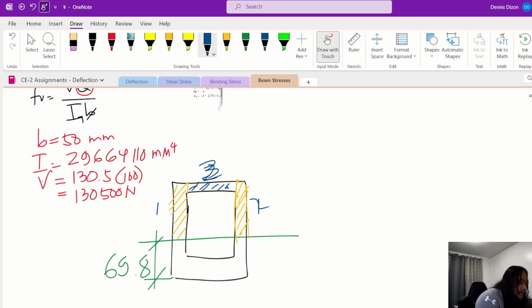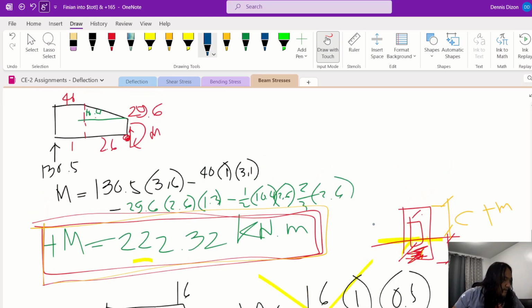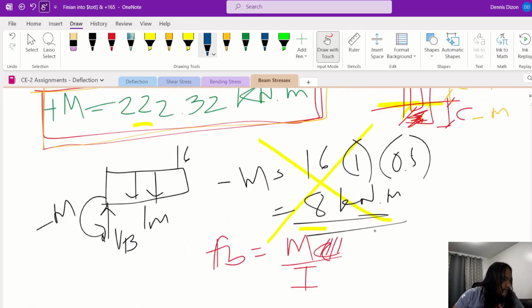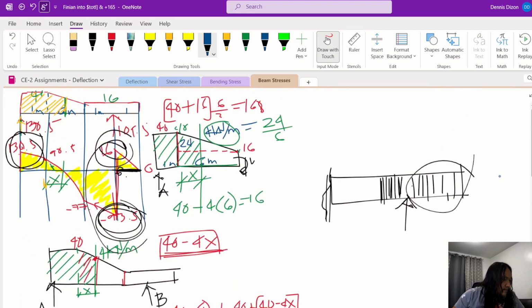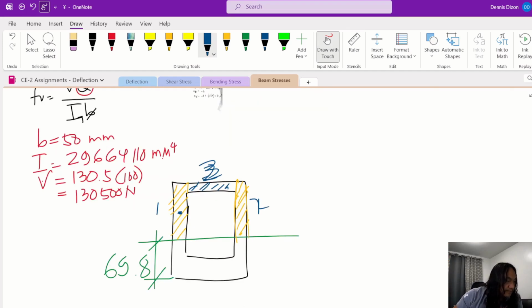So Q1, so this one. So if this is 69.8, this is 150. What's the difference again? 80.2. So this is 80.2.